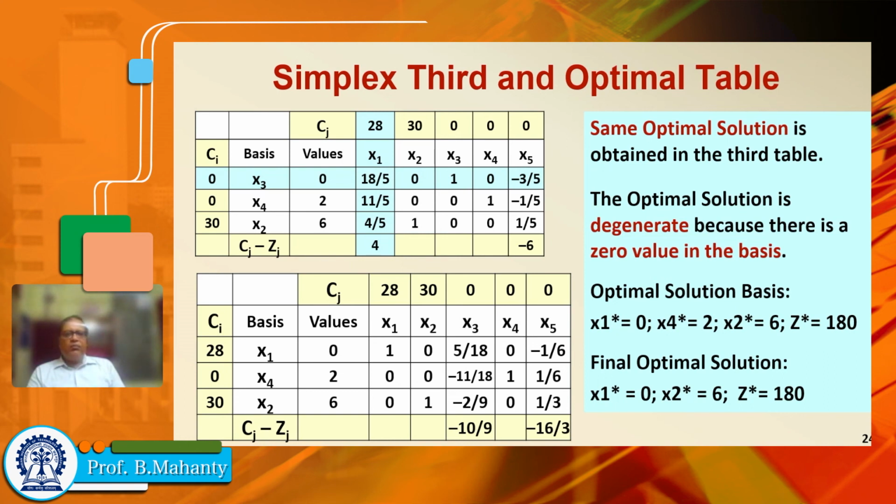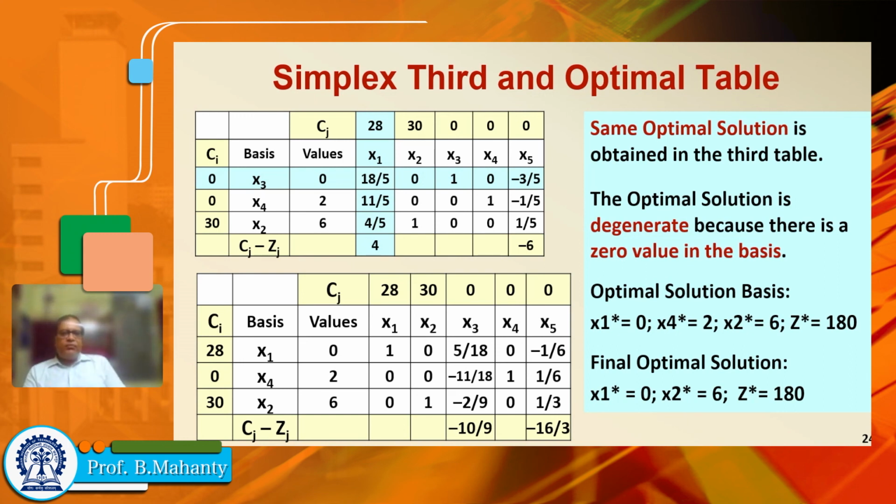So the remaining non-basic variables, that is x3 and x5 coefficients, we have to compute. For x3, this value 0, so 0 minus 11 by 5 into 1 by 18 by 5. Like this the computation continues, and we get minus 11 by 18, minus 2 by 9, 1 by 6 and 1 by 3.